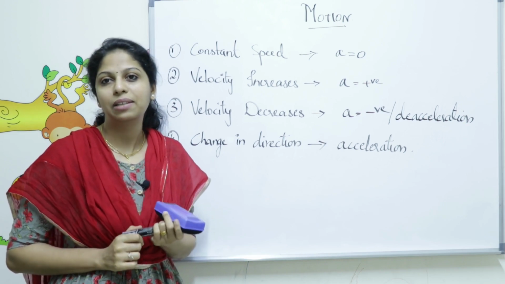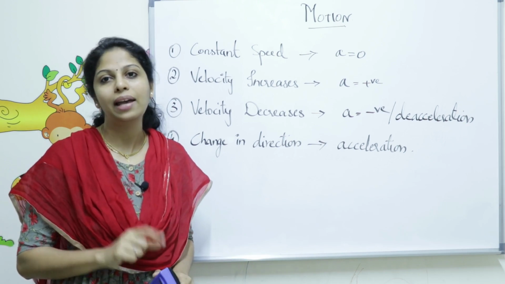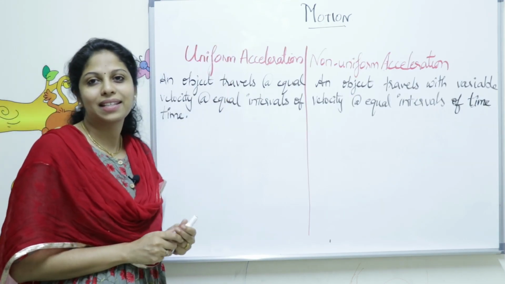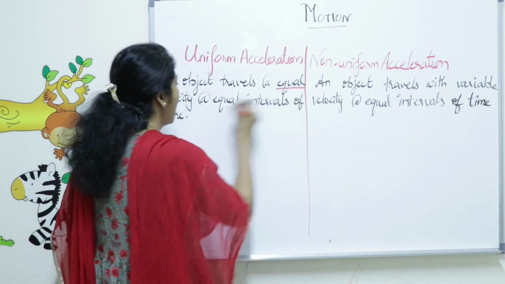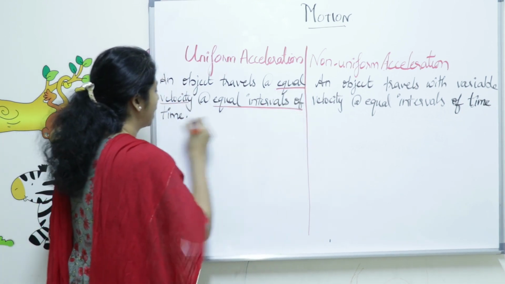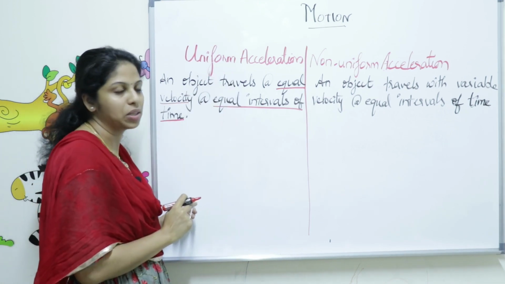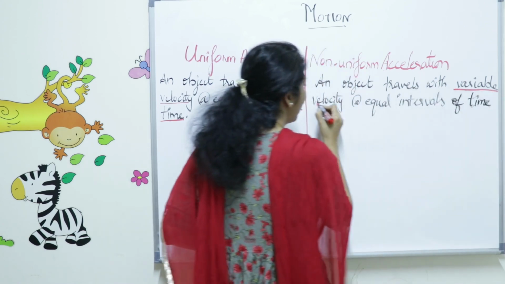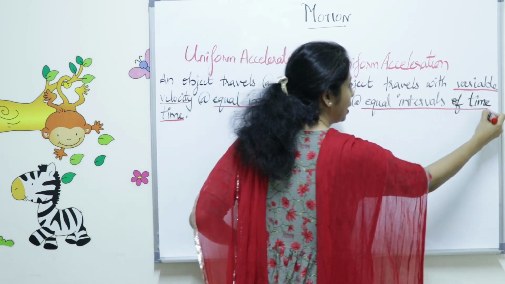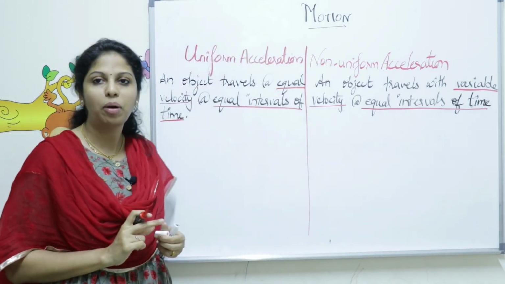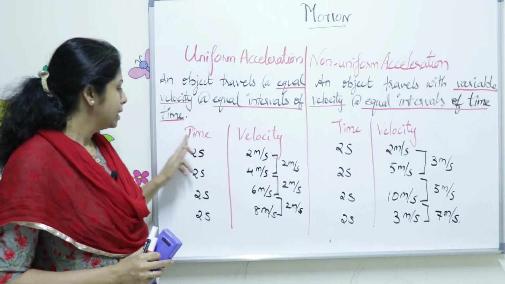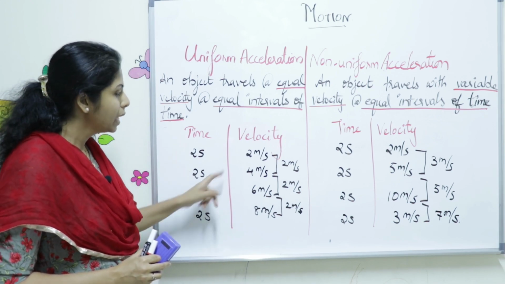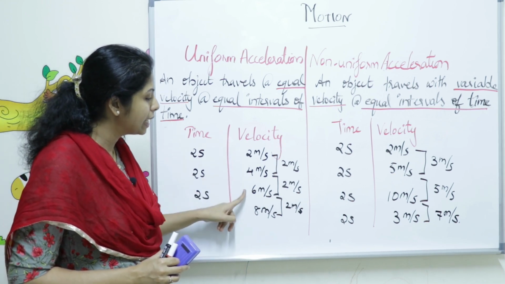Now, let us learn the difference between uniform acceleration and non-uniform acceleration. So, what is uniform acceleration? If an object's velocity changes by equal amounts at equal intervals of time, then it is called uniform acceleration. See, at equal intervals of time, the velocity is increasing equally.